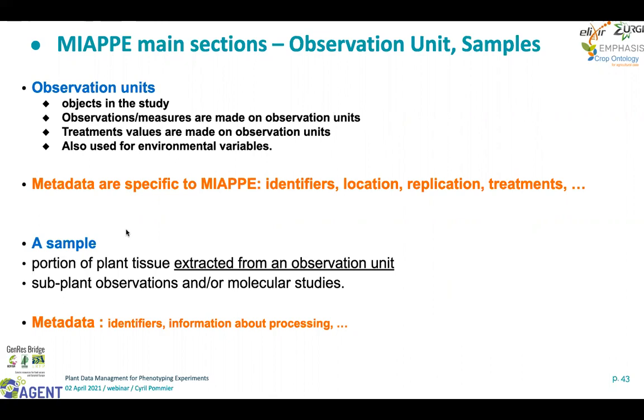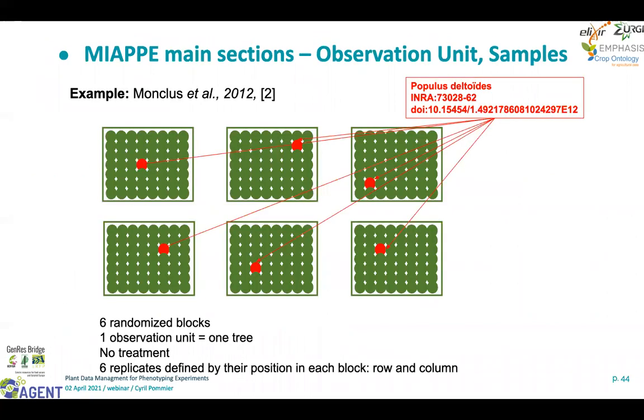A sample is different from an observation unit. It's a portion of plant or tissue extracted from an observation unit. It allows subplant observation or molecular studies. And the metadata of a sample includes identifiers, information about processing, extraction, etc. And in our initial example taken from Monclus et al., each individual plant is an observation unit.